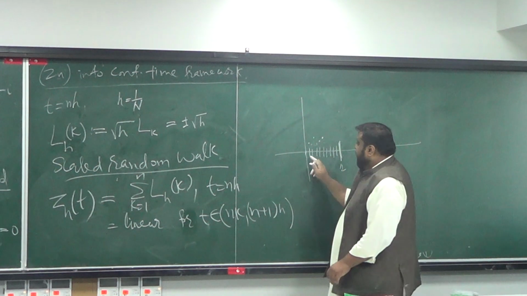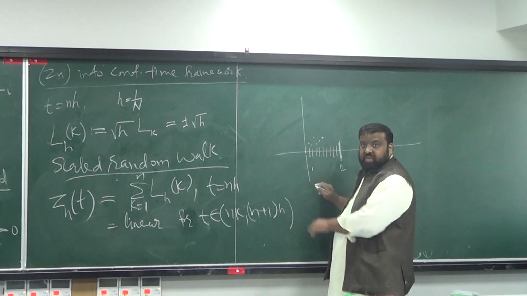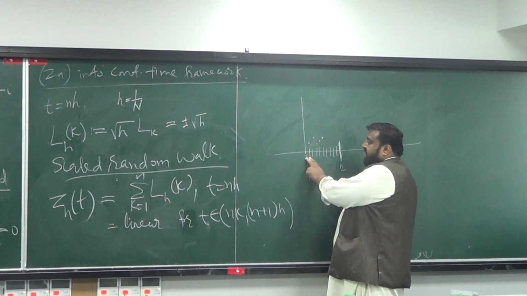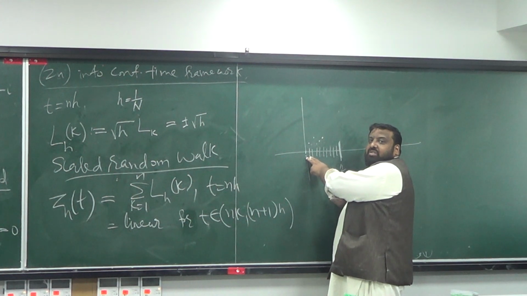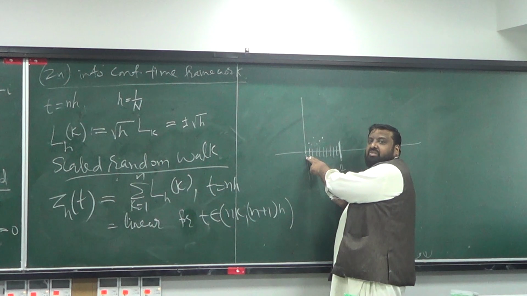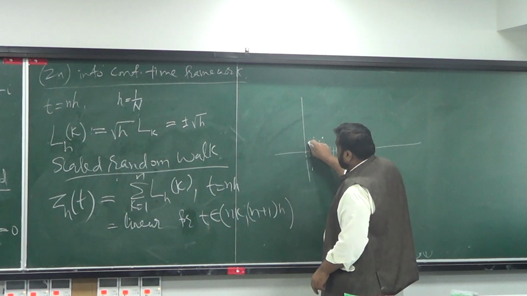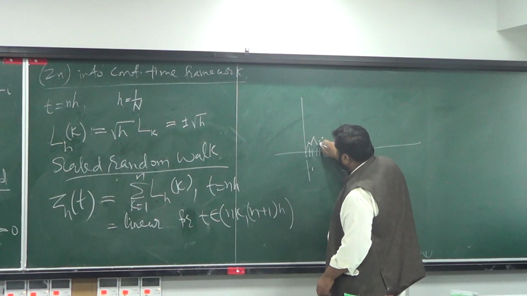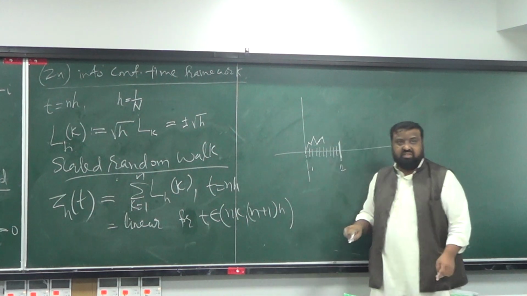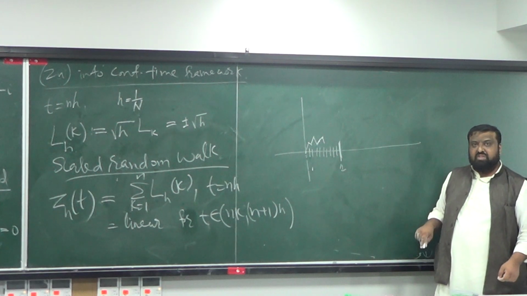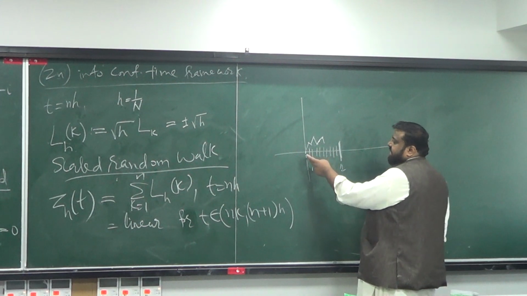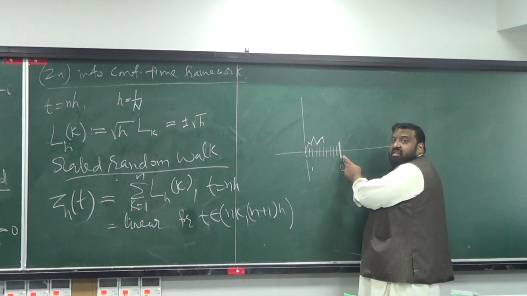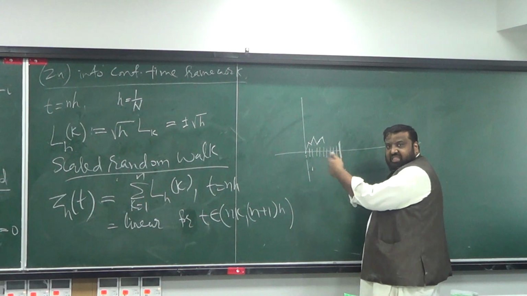And now what am I doing within these points? If I want to define the gains not only at these small discrete points but also within these points, I'm going to interpolate the values. In other words, I am connecting them with small lines. In this manner, this gain process is defined not only at all these instants but also within these intervals.